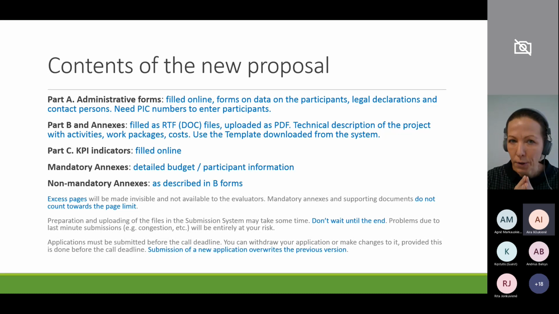I think things have gone down in that sense, but we have what we have. The upside from having part B as a doc file to work with is that you are more free with visual material and schematics to put in part B, where you describe all the technical activities. So in that sense, it is maybe an improvement.